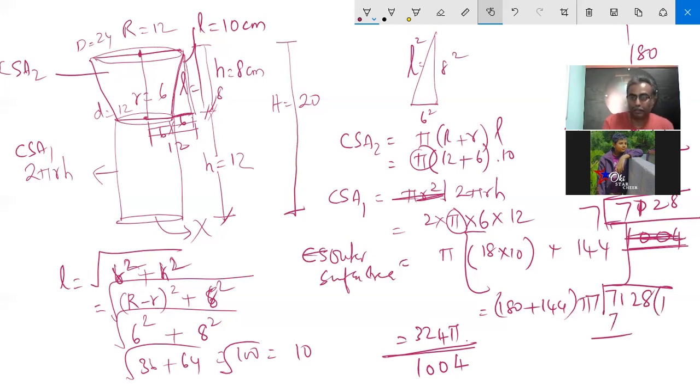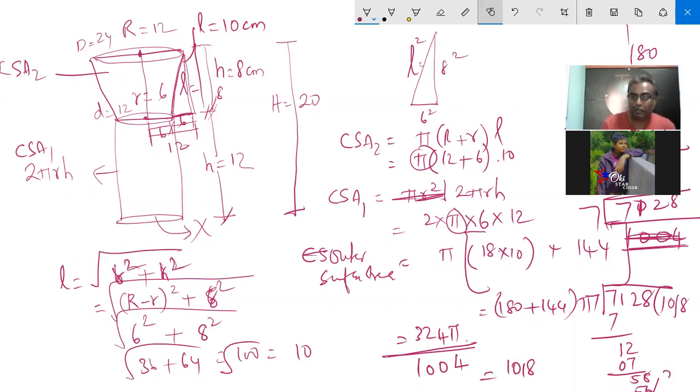Correct. And then in 1 it goes 0 times. In 12 it goes 1 time. Remainder 5, 58. In 58 it goes 56. 56 means 8 times. Yeah, 1018. Answer is 1018.